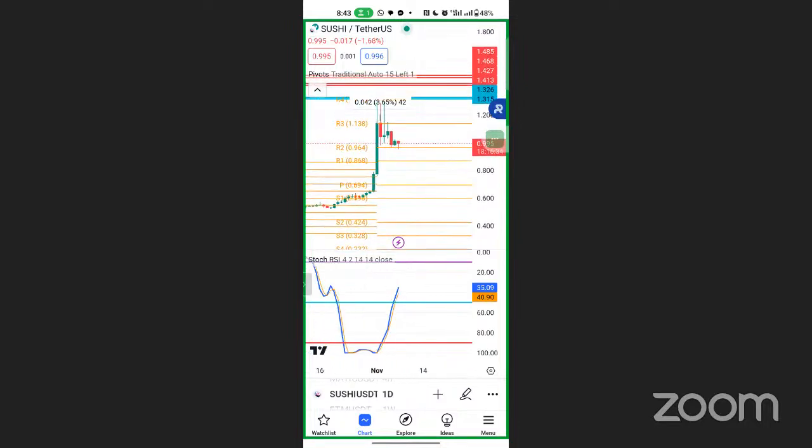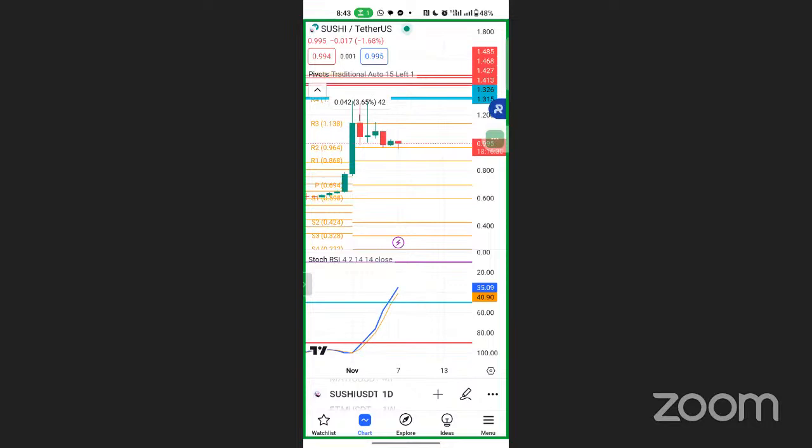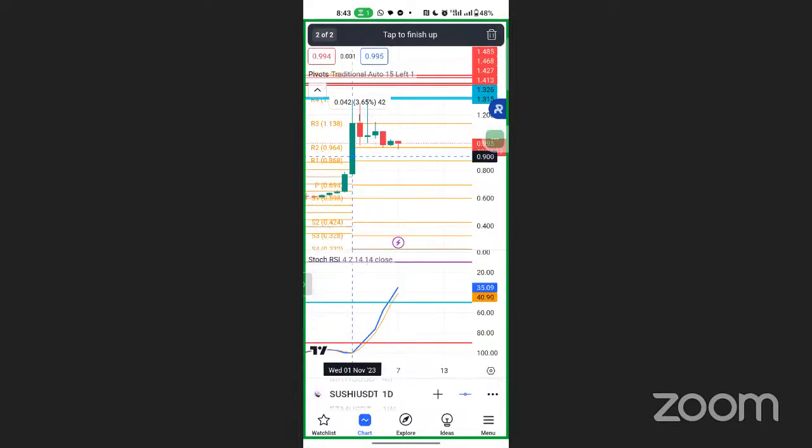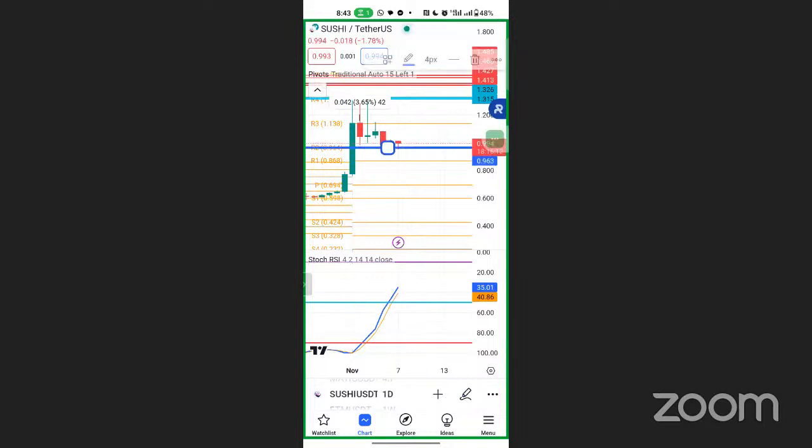Okay, the labels are on the right. Ladies and gentlemen, what did we say? If I try to draw a line, we all can see that Sushi exceeded resistance 2. What did we say? When a coin exceeds resistance 2, it has been overbought.